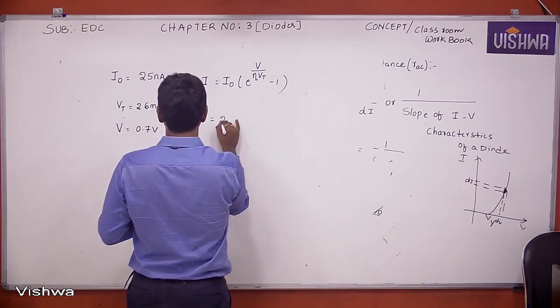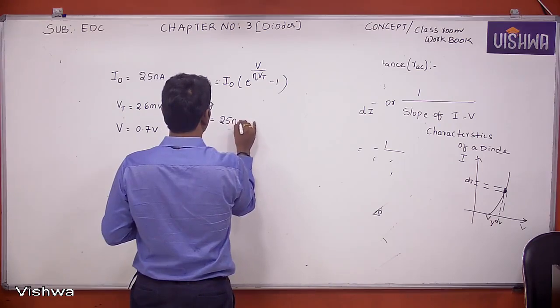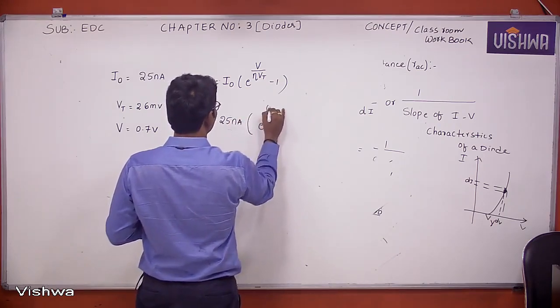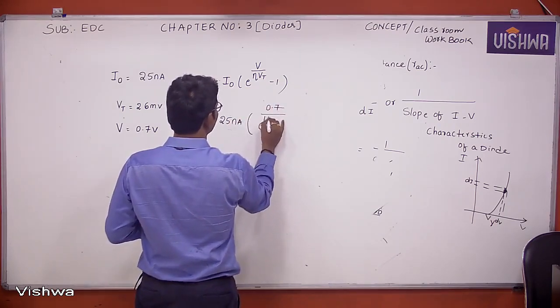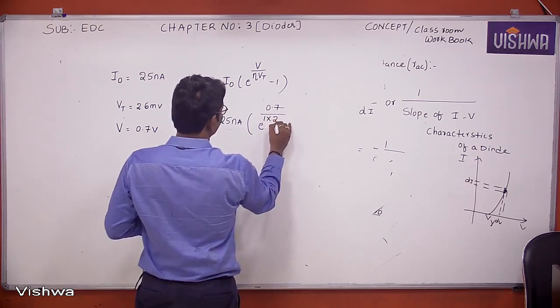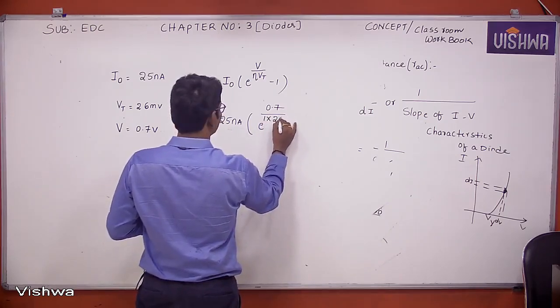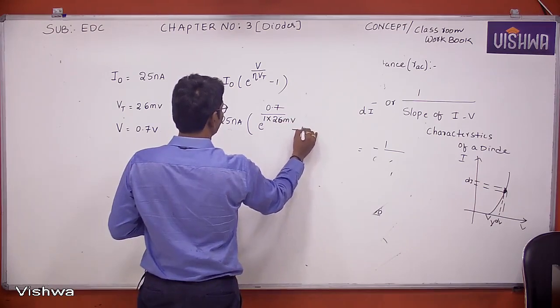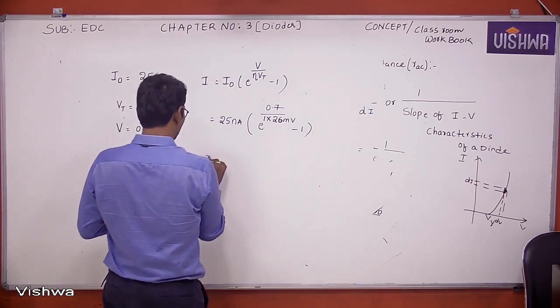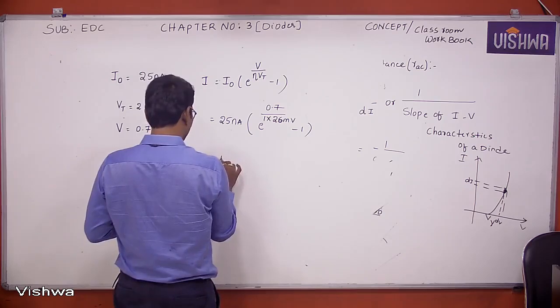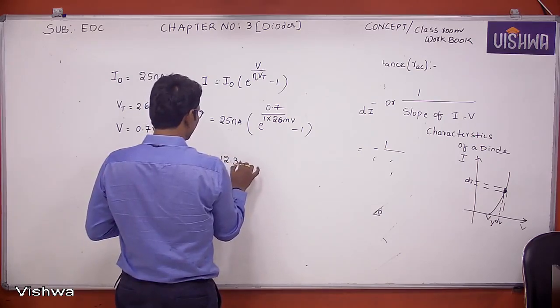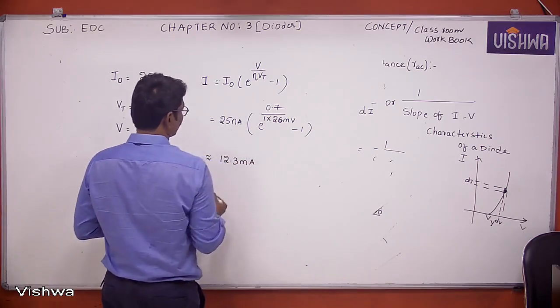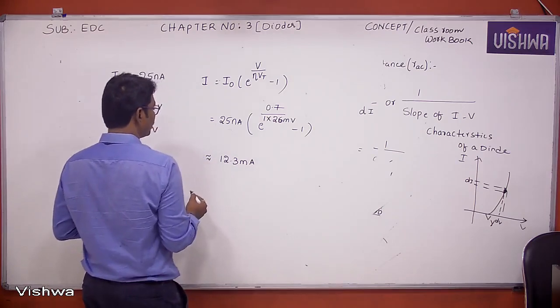I naught is 25 nanoampere, V is 0.7, it is germanium so eta is 1, and Vt is 26 millivolts. This is approximately 12.3 milliampere.